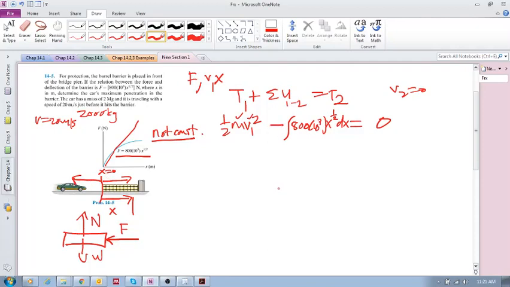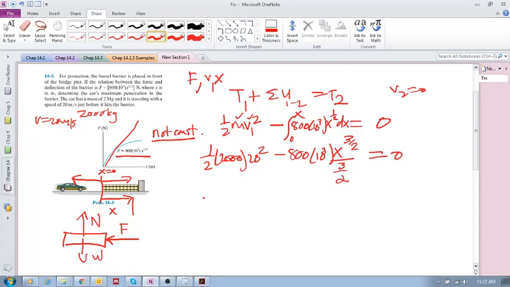All right. So we plug all this in: half times 2,000 times 20 squared, minus 800 times 10 to the 3. We take that out, and then we integrate between 0 and x, and we integrate x to the half. We know we're going to get x to the 3 over 2, over 3 over 2, equal to 0.